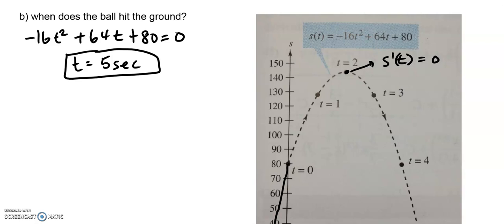All right, so just like when we're finding your maxes and mins, relative extrema, to find those relative extrema, you would set the derivative equal to 0. And if we were to do that, you would find that at t equals 2 and height is about 144, it looks like, is what you would get.